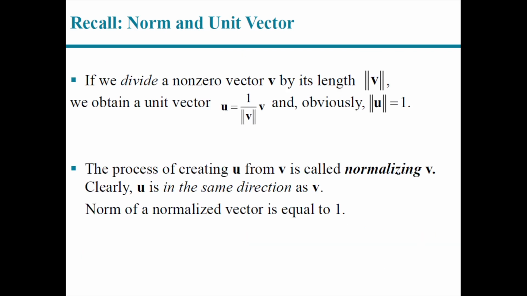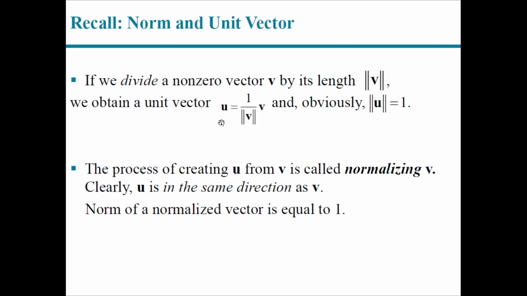How do we get vectors with norm 1? Well, it's not complicated. We take any vector v, we compute the length or the norm of the vector, so the radical of the dot product, and then we divide the vector by that number. So we divide every single component of the vector by the norm. What we get is a vector u, and this vector is a unit vector.